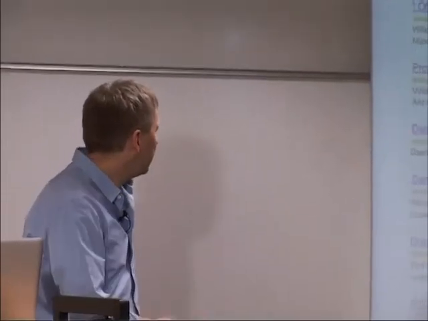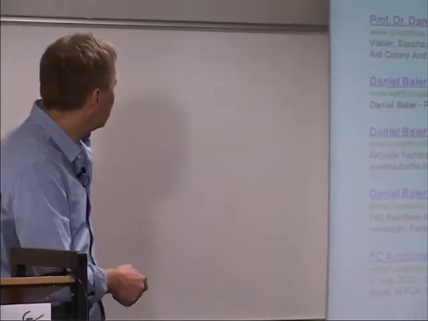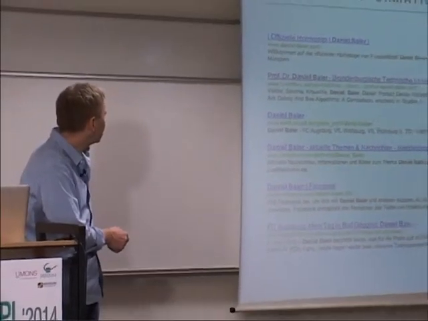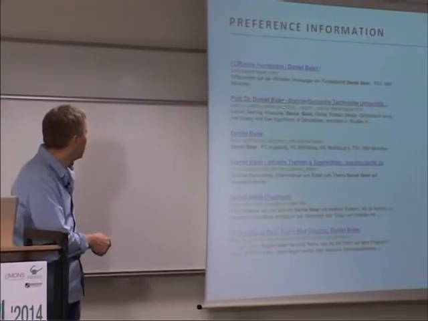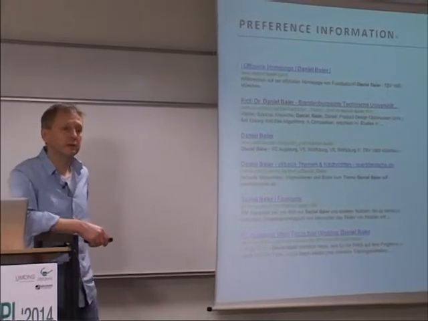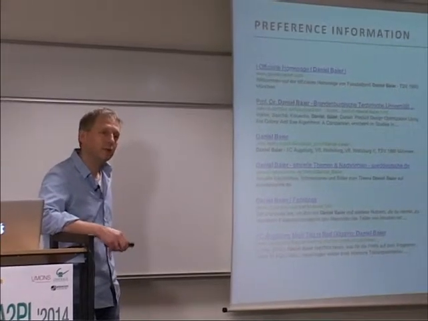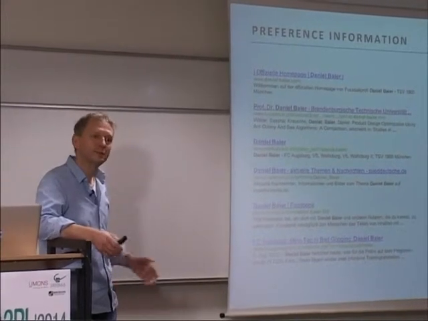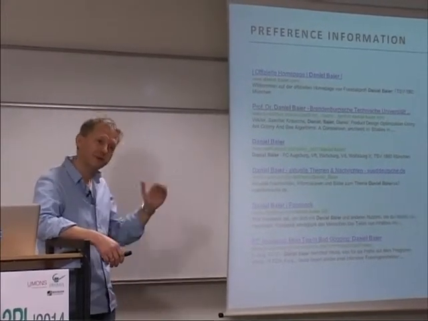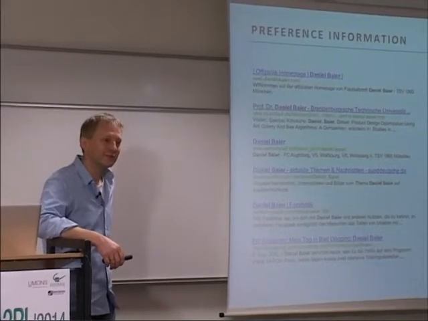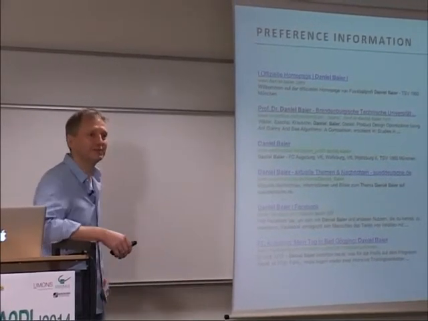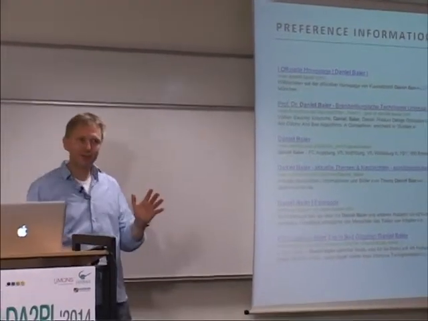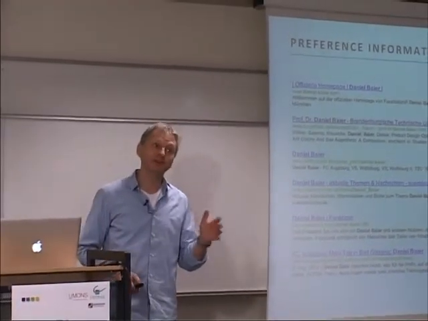And then you see here on the website, there is not only the professor Daniel Bayer, this is the second one here, but there is also a football player with the same name. And whenever there is a football player and a professor with the same name, it appears that the football player is ranked first and the professor second. Seems to me, at least. Maybe this is a little bit subjective, but it has to do with preferences, of course, with preferences of people.